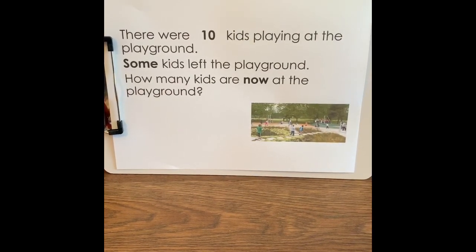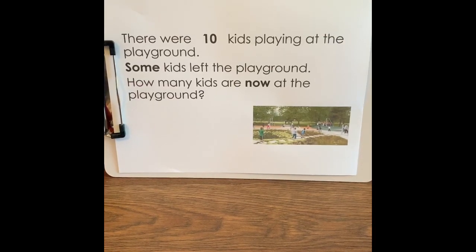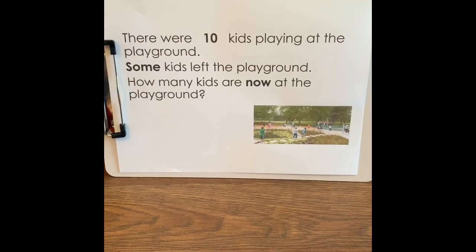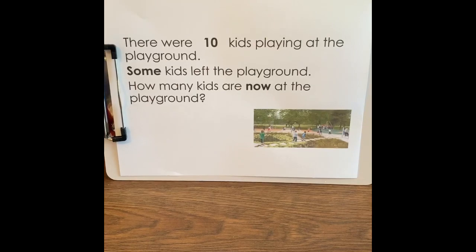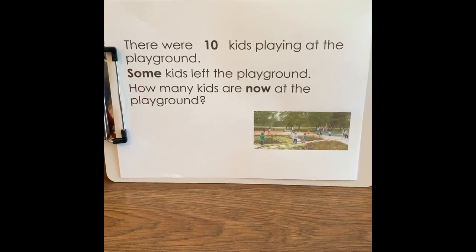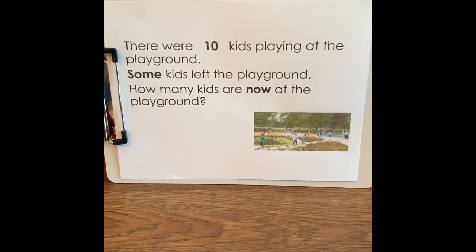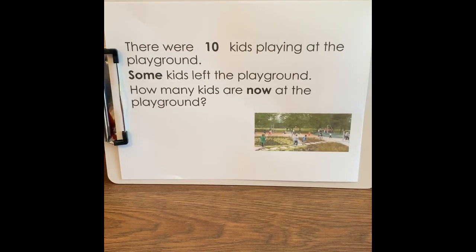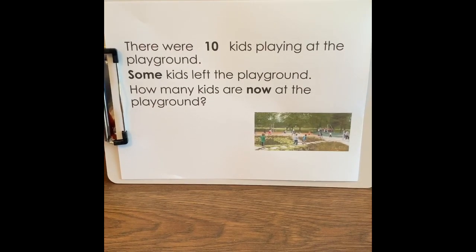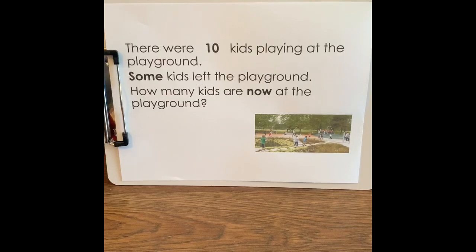Yes, now we know there are 10 kids playing at the playground. Now I want you to stop and think about how many kids could have left the playground if we now know that 10 kids started to play at the playground. Could there have been 12 kids leaving the playground?